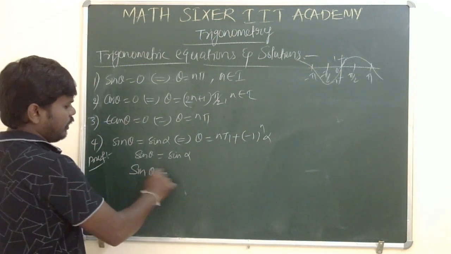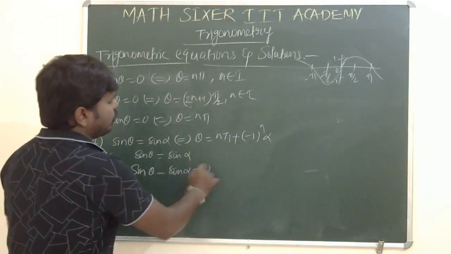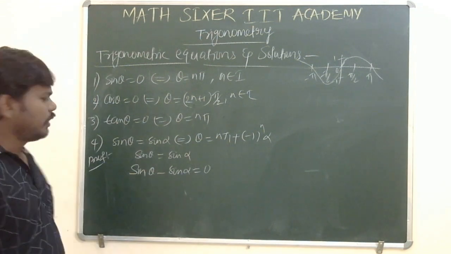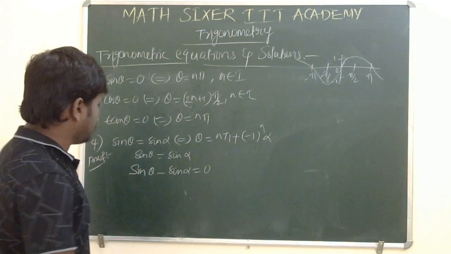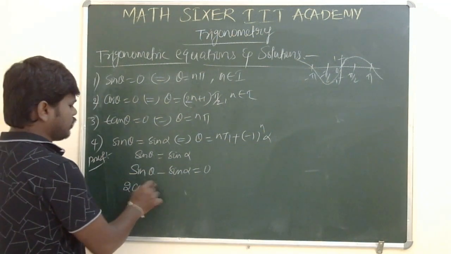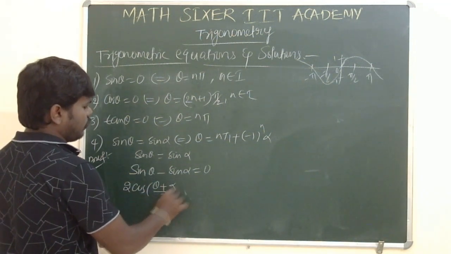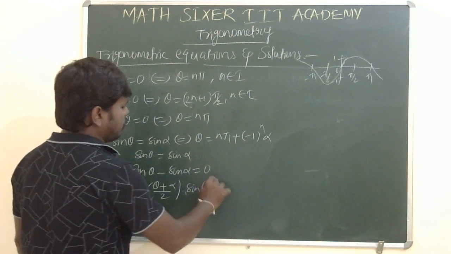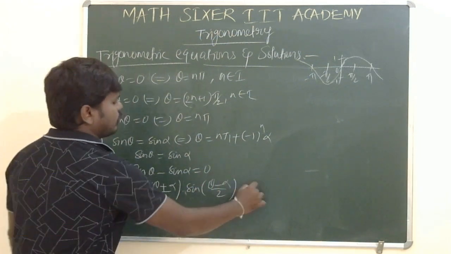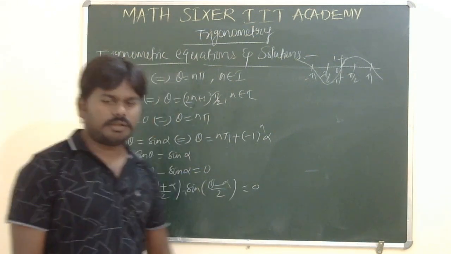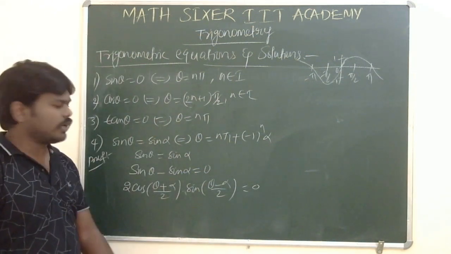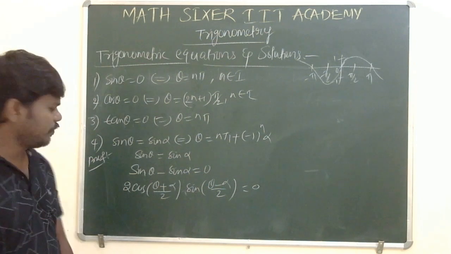Now it is in the form of sin c minus sin d. Sin c minus sin d means 2 cos c plus d by 2 into sin c minus d by 2. Okay, when you apply the sin c minus sin d formula, that is nothing but 2 cos c plus d by 2 sin c minus d by 2.